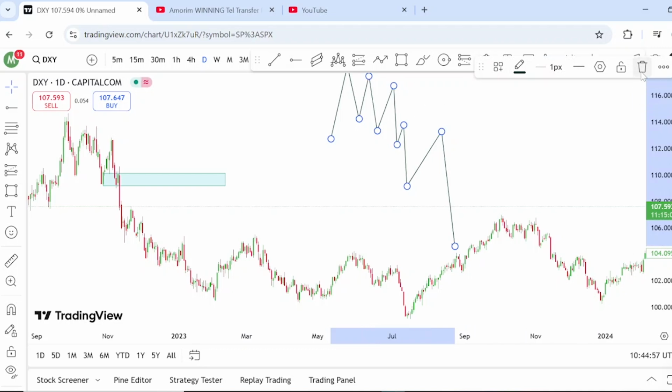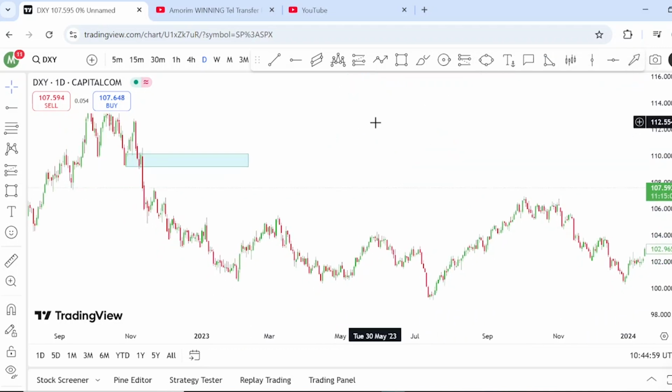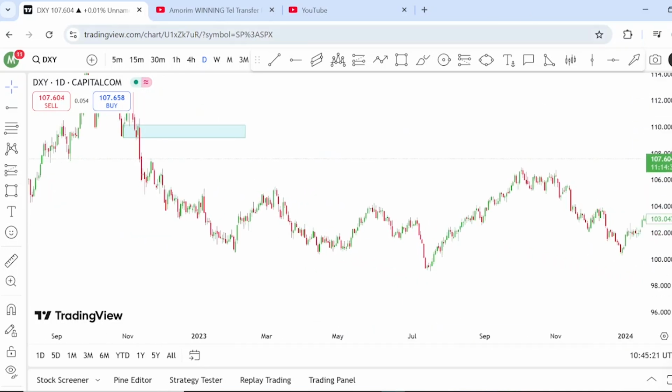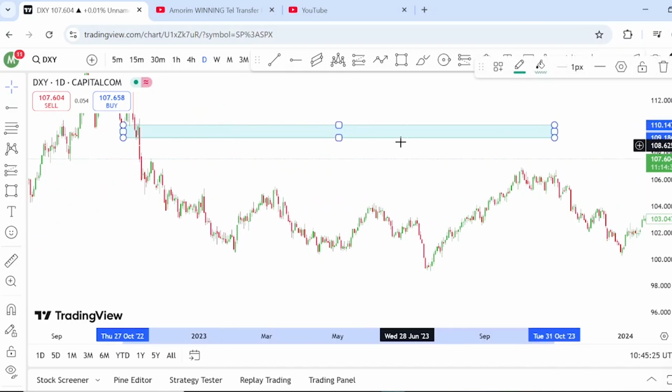Sometimes when we are making higher highs and higher lows, that's when we are moving up, and when we are making lower lows and lower highs, we are moving down. We talked about that in our previous videos. So we have to wait until we come back from this area.